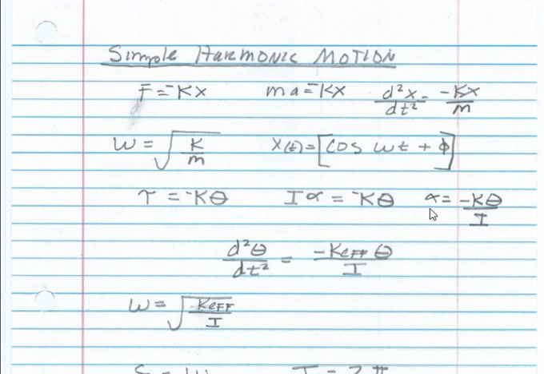And alpha equals minus k theta over I. And now we have a second order derivative of theta with respect to time equals minus k effective over I times theta. Now we're calling it k effective to make it a little bit more general term than just simply a force constant. Our angular frequency omega equals the square root of k effective over I, very similar to our linear equivalency over there.